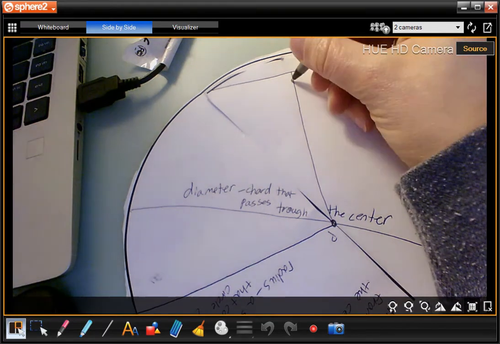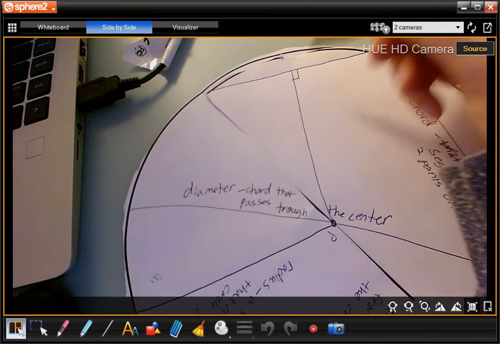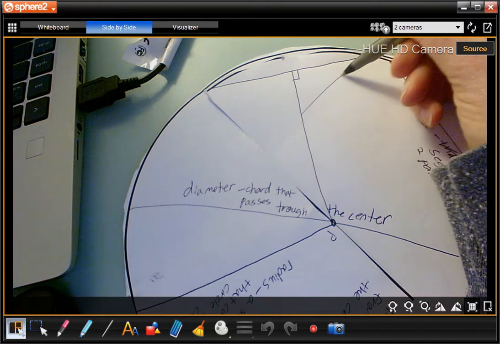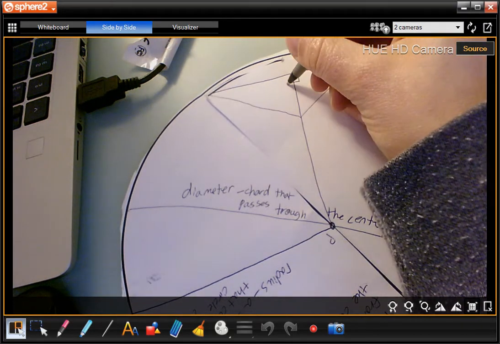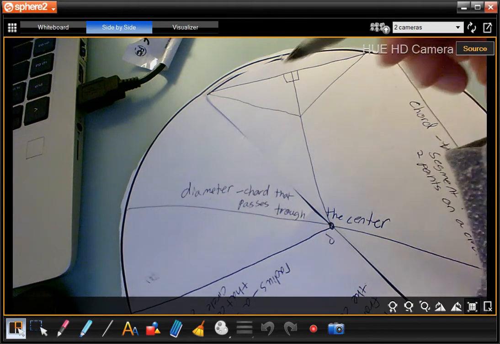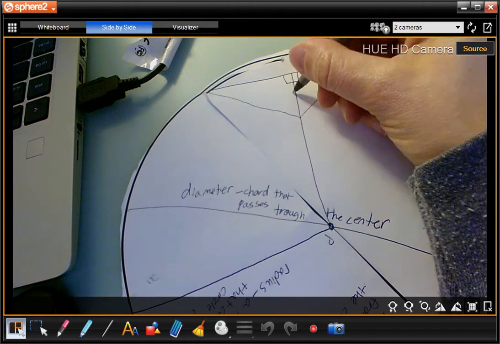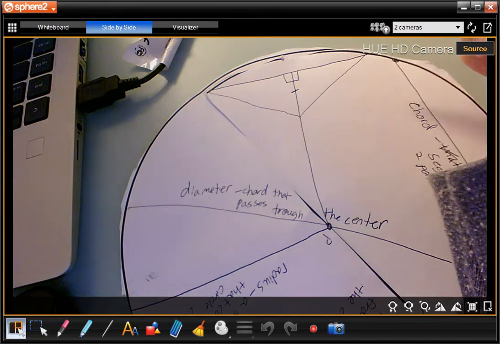If it meets at a right angle, all of a sudden, I can draw in these sides. Do you guys see that I have two right triangles?